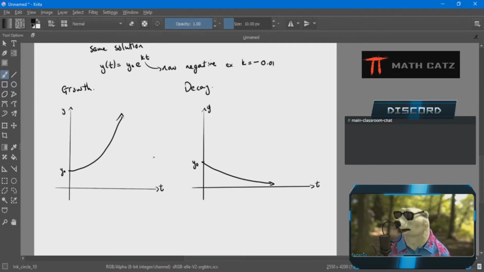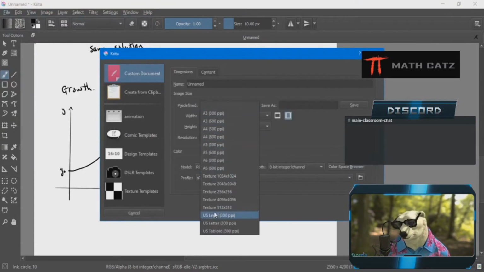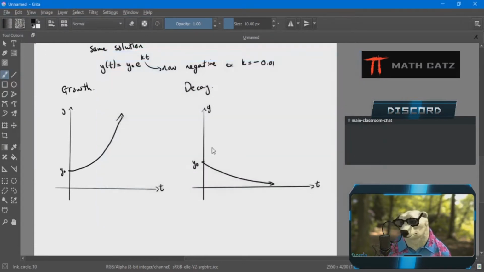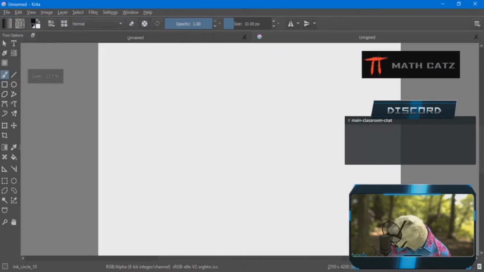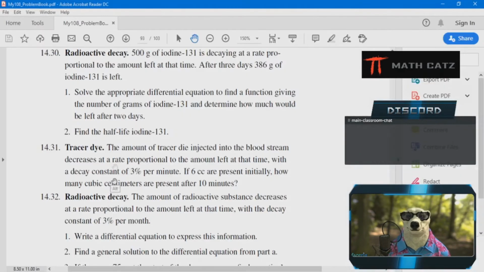So let's look at some examples to see how this is going to look in a practical problem. So the first one I want to do is 1430.